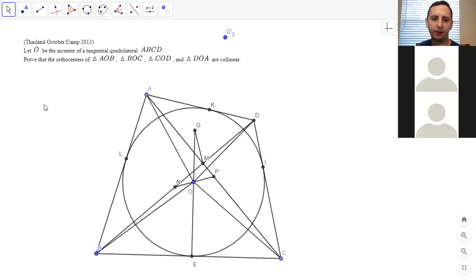I like this idea of showing that GM is perpendicular to NP.